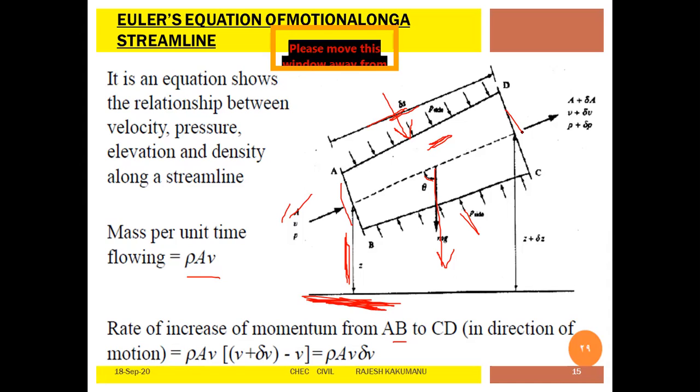Rho into A into V dou V. This is the change in momentum from A to B.